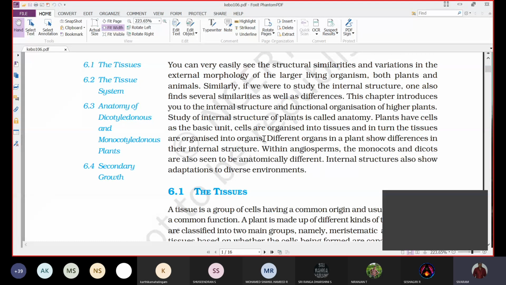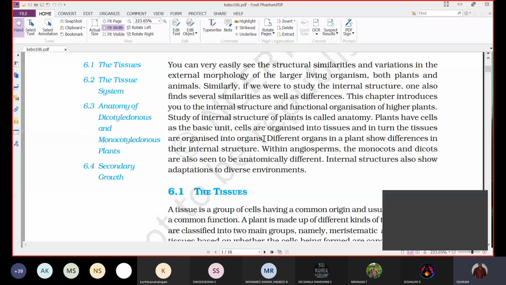Cells are grouped to form tissues, and tissues are grouped to form organs.